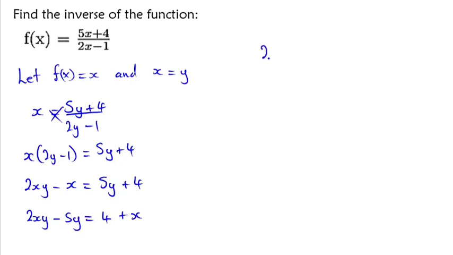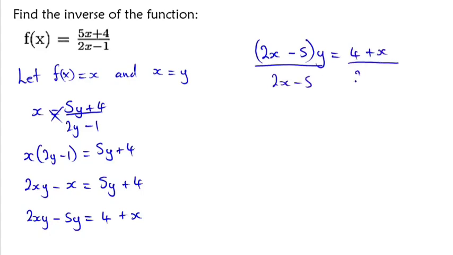I'll remain with 2x minus 5. This is equal to 4 plus x. So divide both sides by that bracket, which is 2x minus 5. Same thing here, 2x minus 5. So this cancels. So this means that y is equal to 4 plus x divided by 2x minus 5.